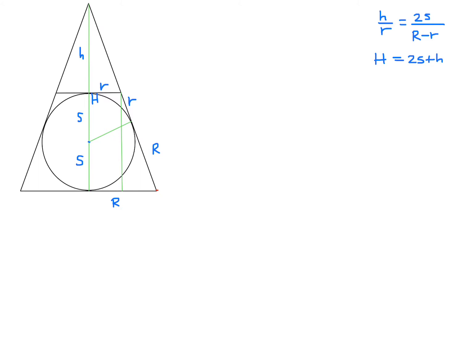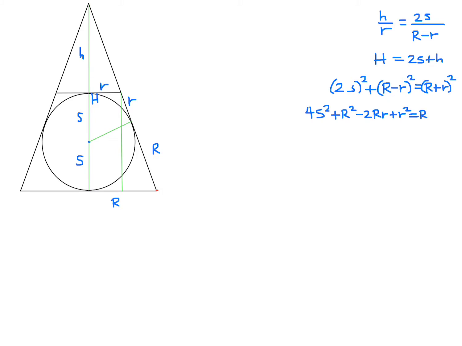Okay, so that helps us, and now we can proceed with Pythagoras on that triangle. So when we do, we get (2s)² plus (R − r)² is equal to the hypotenuse, which is (R + r)², like that. So let's simplify. This is going to be 4s² plus R² minus 2Rr plus r².